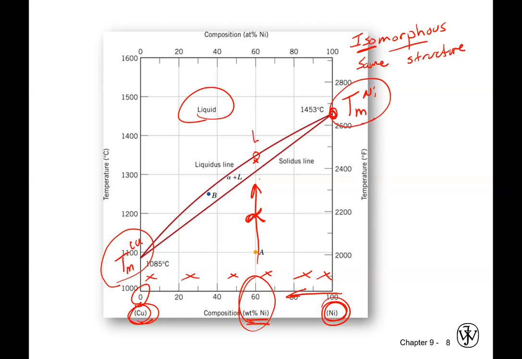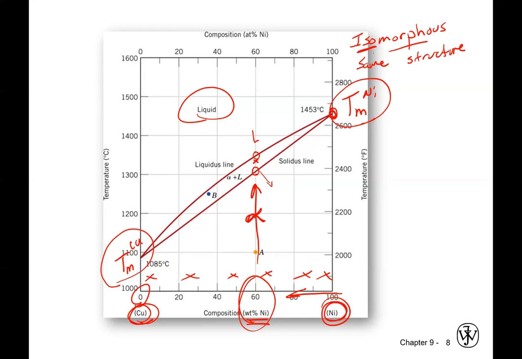And if I look at the other way and drop the temperature, as long as I'm below about 1310, then I'd have all solid. But anywhere in between those two temperature values, I'm going to have a solid plus a liquid. So I have a range now of melting when it comes to alloys.